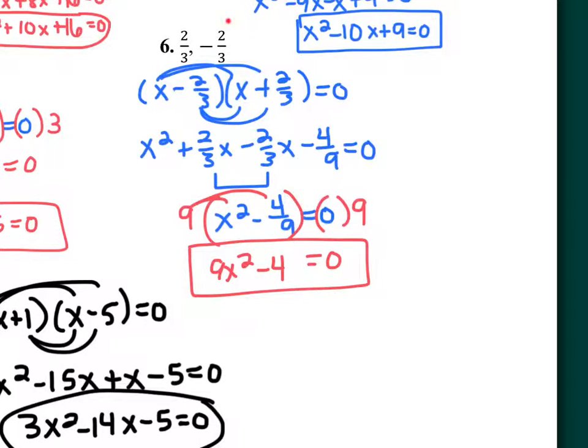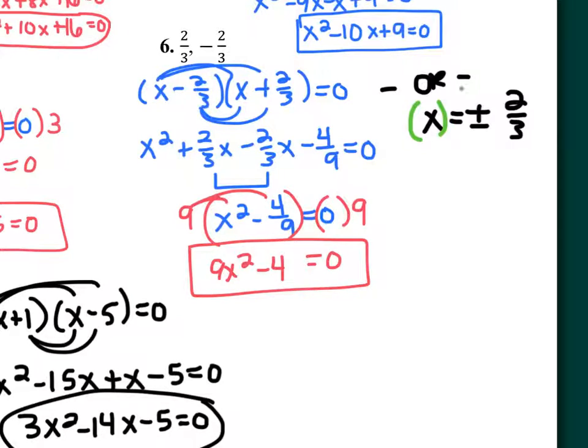If you see that our result is one that comes from a difference of squares, you can also do it this way. We know our answer is plus or minus 2/3. x equals plus or minus 2/3. When did we have to put a plus or minus? When we took the square root. So if we're going backwards to try to get to our standard form of an equation we solved, let's square both sides.